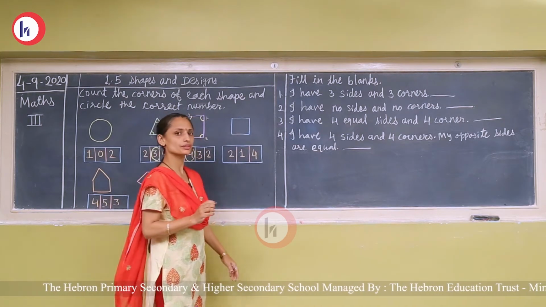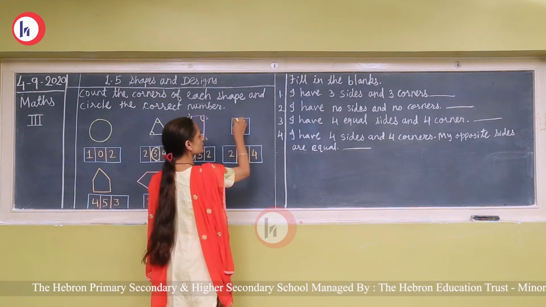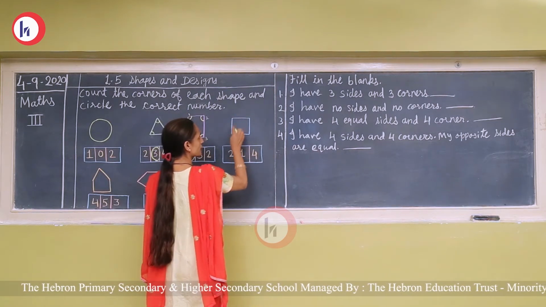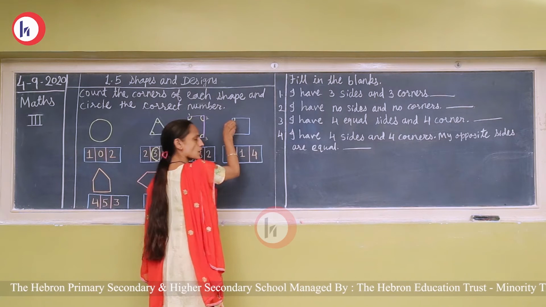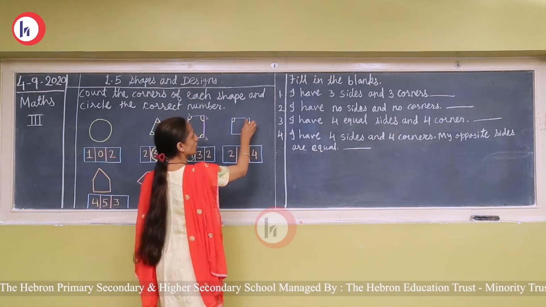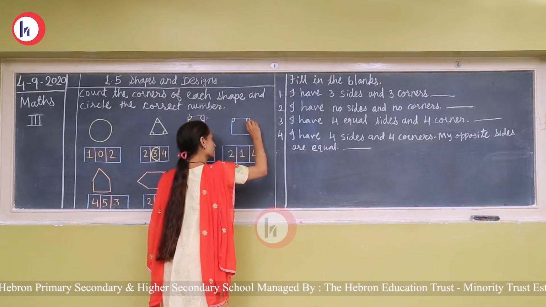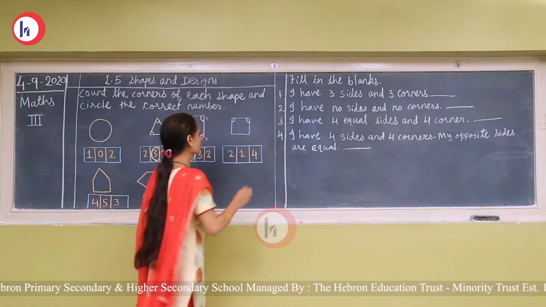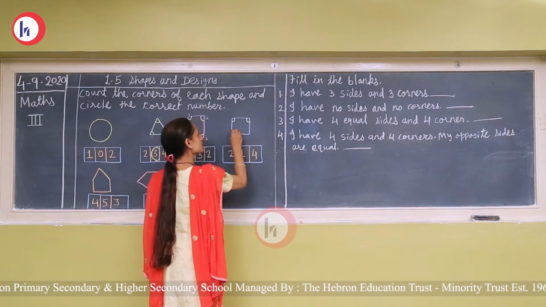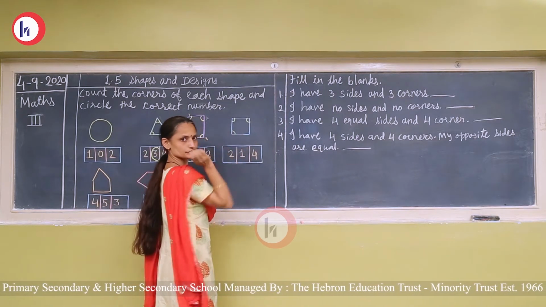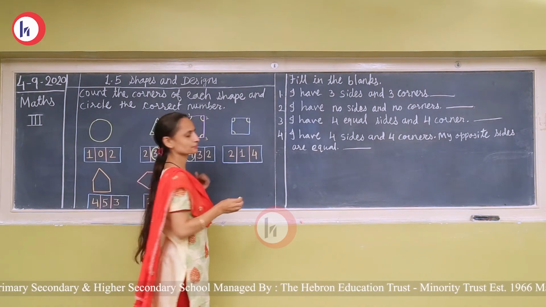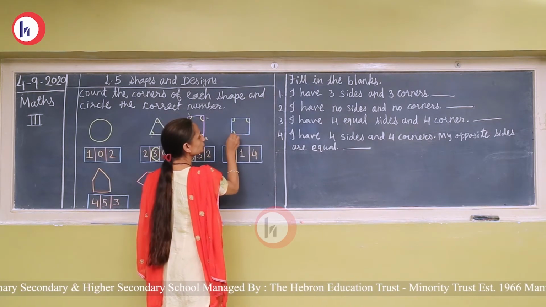Now we will find the corners. See, first 1 line, 2 line means it is a corner. Then 1 line, 2 line, again it is 1 corner. Again 1 line, 2 line, a corner, or you can say vertex.